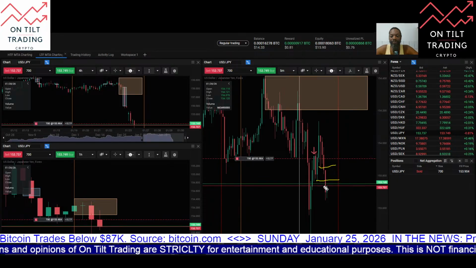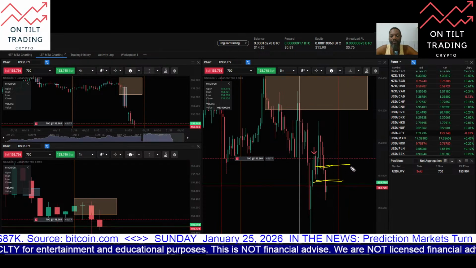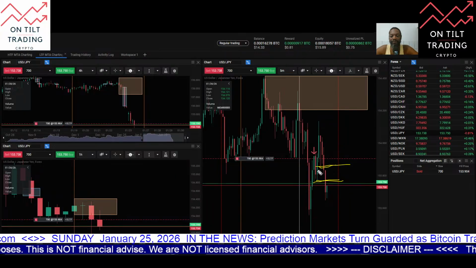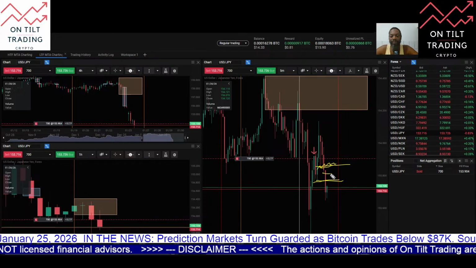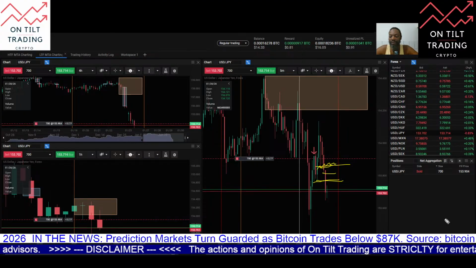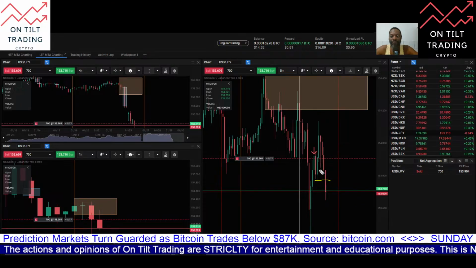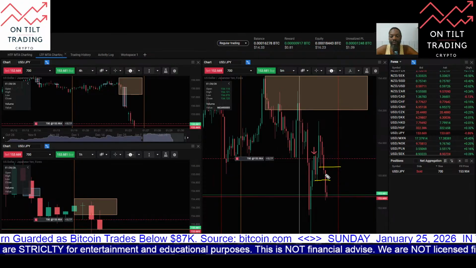So could easily see price come back to retest either of these levels, or at least there's the one fair value gap here. If this candle closes below this candle, then it will set up a second fair value gap. But this is an area of interest here, this swing low, that's an area of interest here, that swing low.